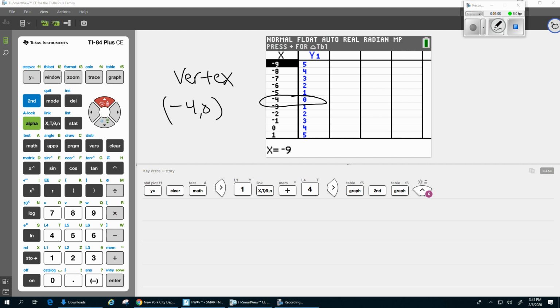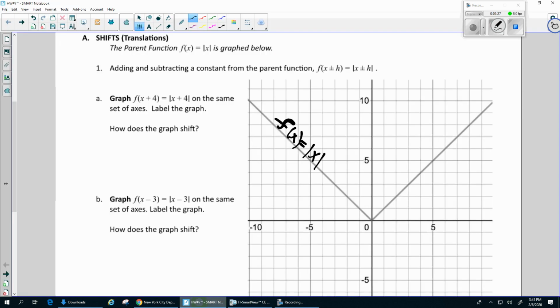After 0, if I go more negative in the x, my y values are larger. If I go more positive in the x, my y values are still larger. So this is the lowest y value, or the smallest y value. So this is called our minimum.